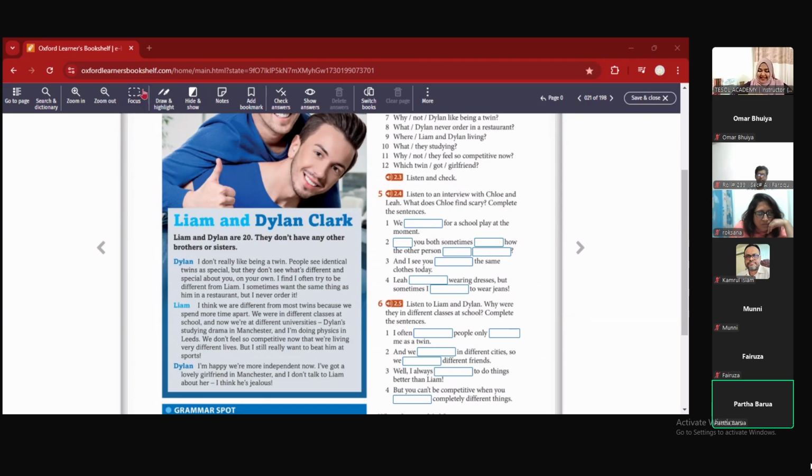Together. Right, very good. That is the biggest difference between the two pairs of twins: Chloe and Leah are very close to each other and they always want to stay together and don't want to spend time apart.